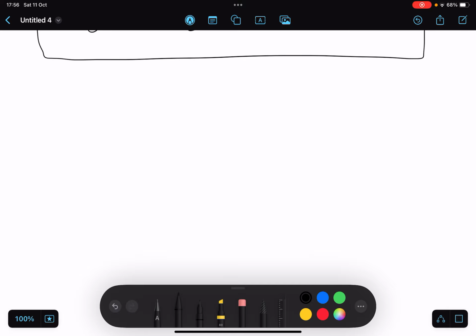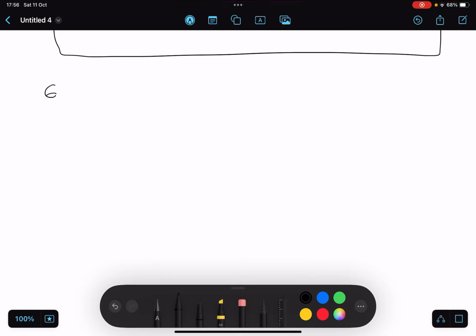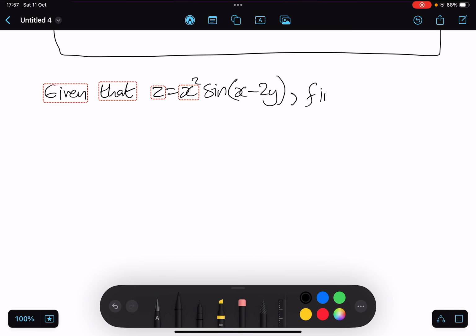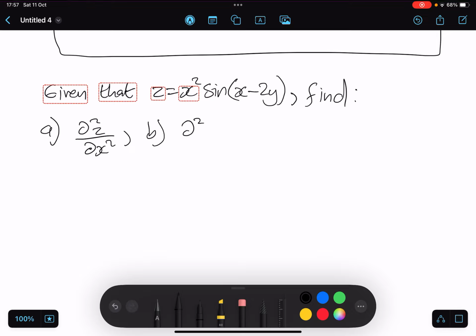Say we are given that z is equal to x squared sine of (x minus 2y), and you are asked to find (a) d squared z over dx squared, and (b) d squared z over dy squared.